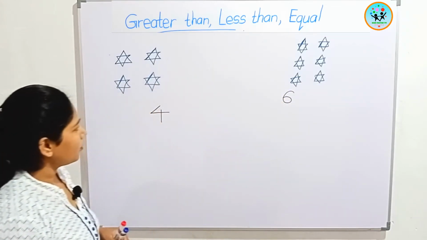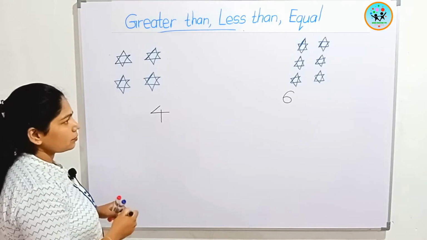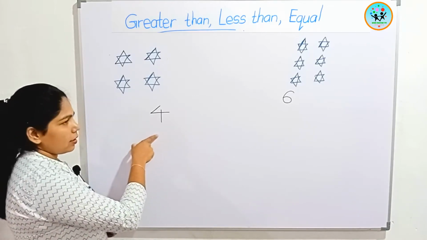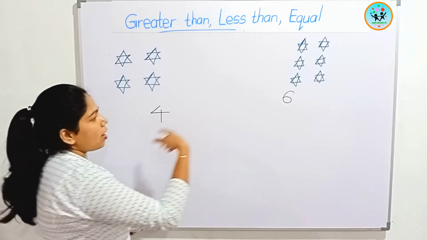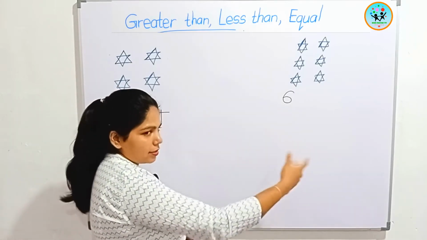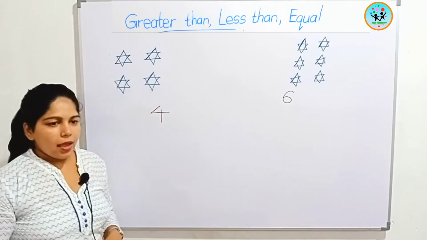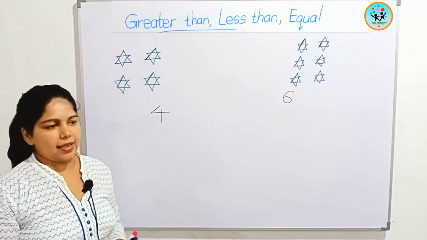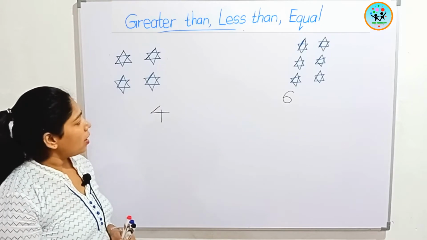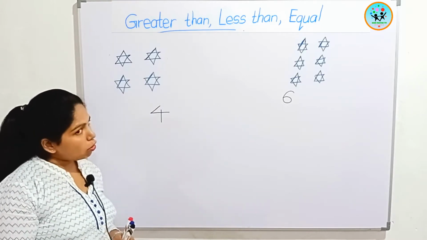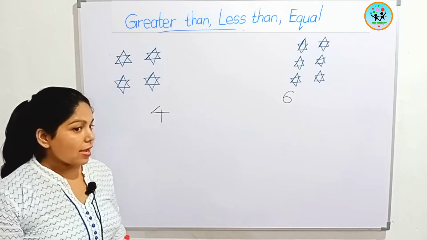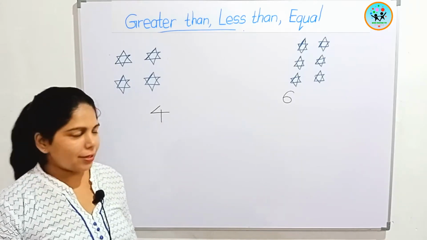Okay. 4 stars are on the left side, 6 stars on the right side. Tell me, students, which number is less than? Either 4 or 6. Listen to me very carefully.